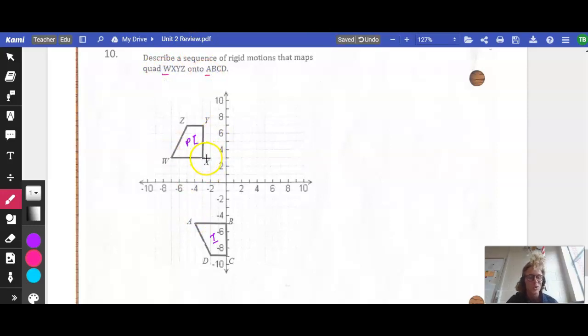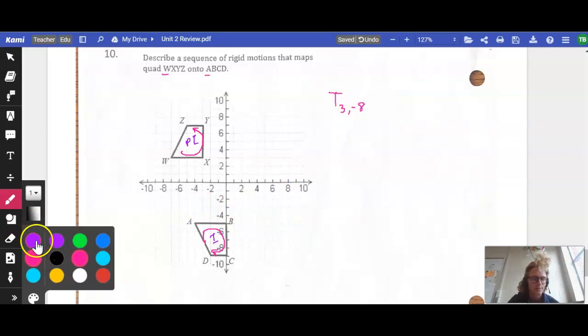To tell what kind of transformation comes afterwards, WXYZ is counterclockwise. ABCD is clockwise. So I know that a reflection will occur. So I'm going to translate to the right 3 and down 8.